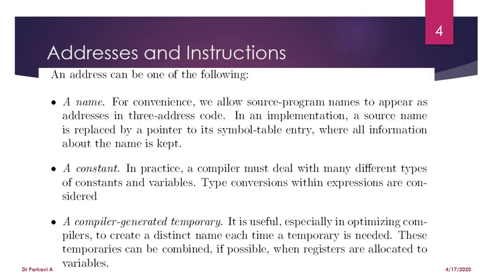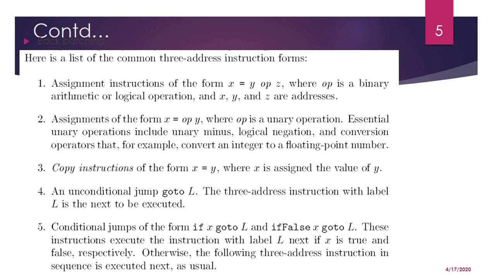Then sometimes we'll be using constant values in the expression, something like a plus 8. So 8 is a constant there. Then if the expression is very lengthy, when it is divided into 3 address code, temporary variables get generated by the compiler, like t1, t2, t3.